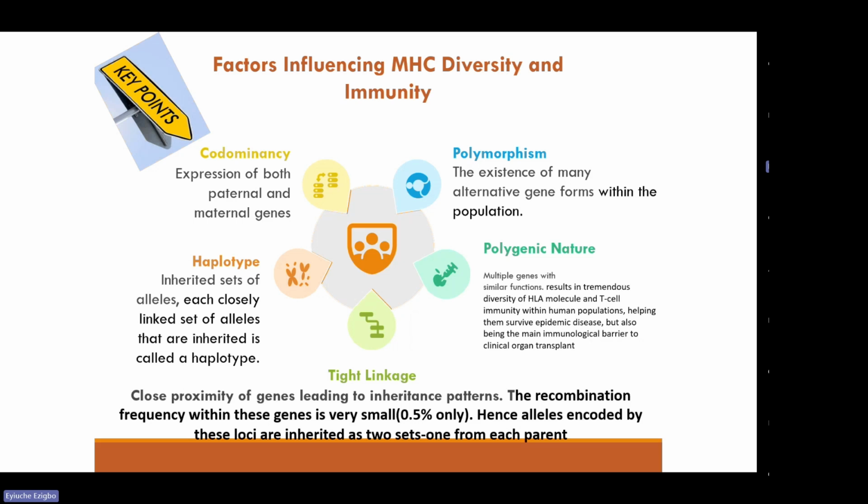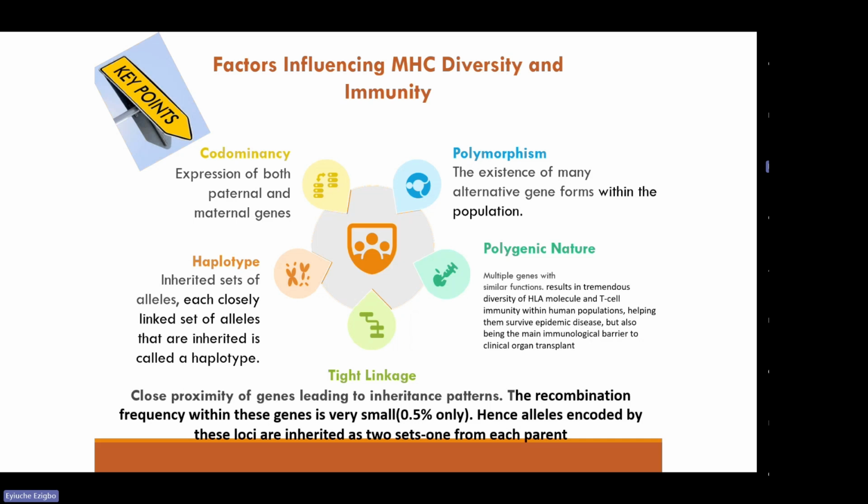Multiple genes with similar function result in tremendous diversity of the HLA molecule and T-cell immunity within the human population, helping them survive epidemic disease, but also being the main immunological barrier to clinical organ transplants. Tight linkage: close proximity of genes leads to inheritance patterns. The recombination frequency within this gene is very small. Hence, alleles encoded by these loci are inherited as two sets, one from each parent.